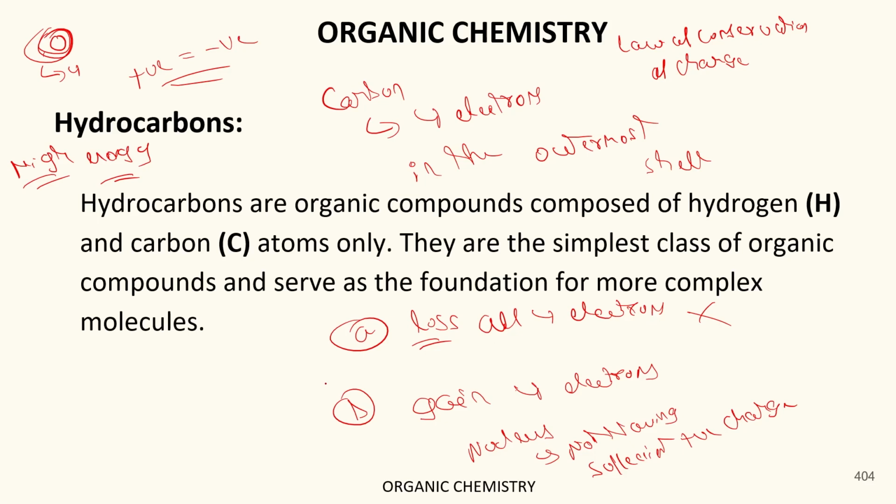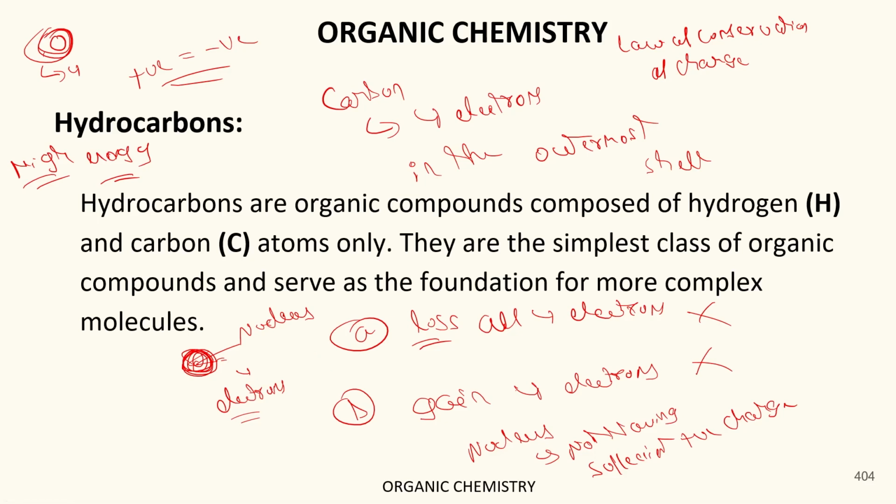If this is a carbon atom and it decided to gain 4 electrons, but its nucleus does not have sufficient protons, then the atom will become unstable. So this scenario also fails.